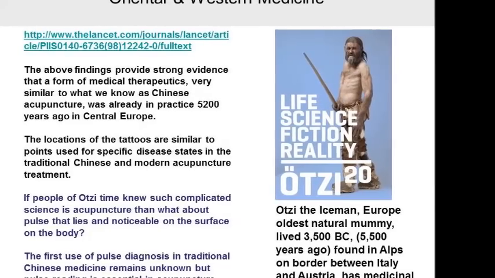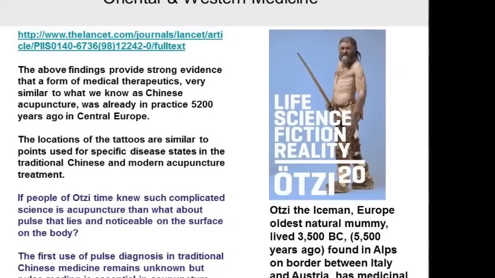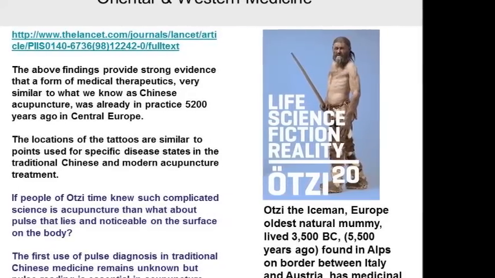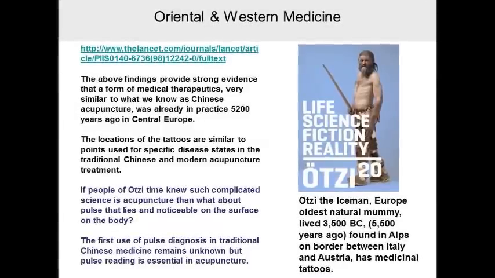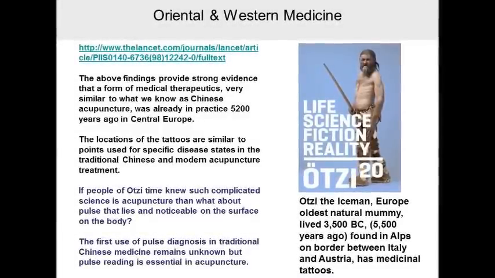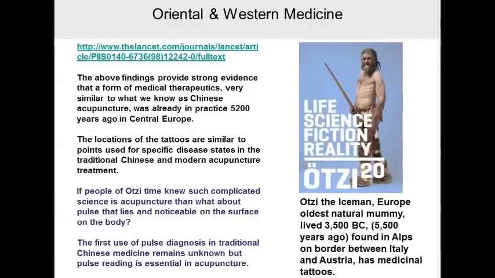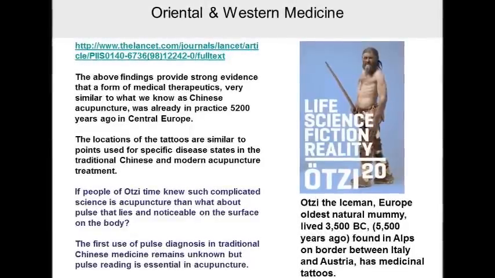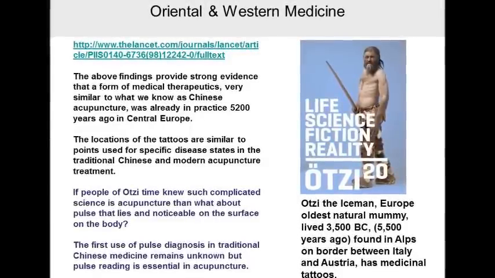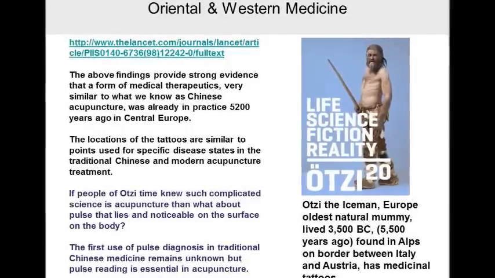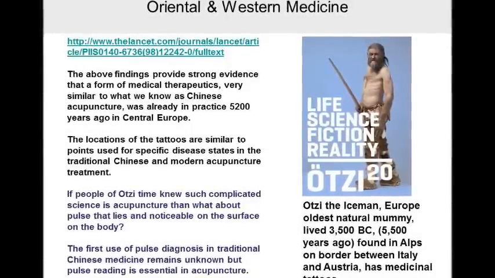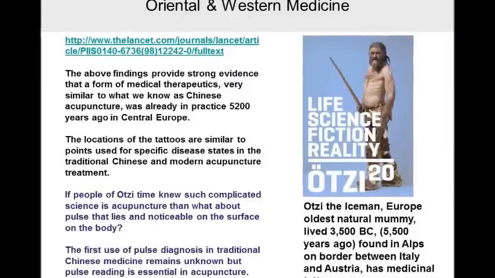He had cuts, and in those cuts was applied the coal from burnt herbs. So burnt herbal powder was put inside the cuts in his body where modern acupuncturists put the needles to treat the person.